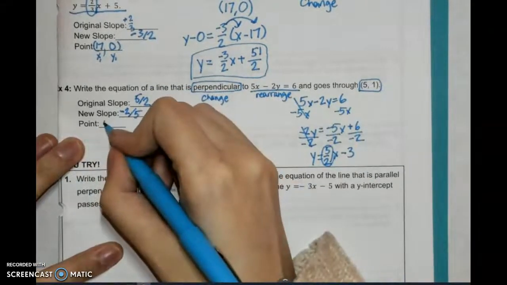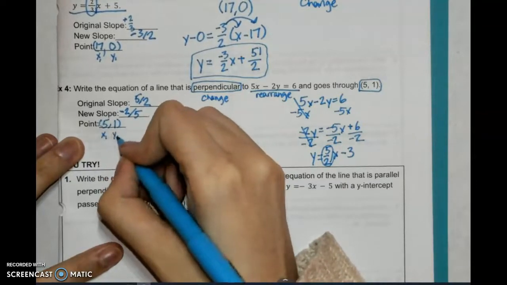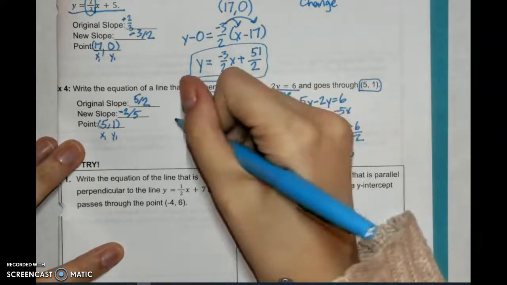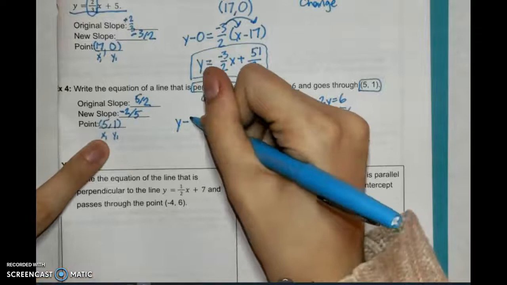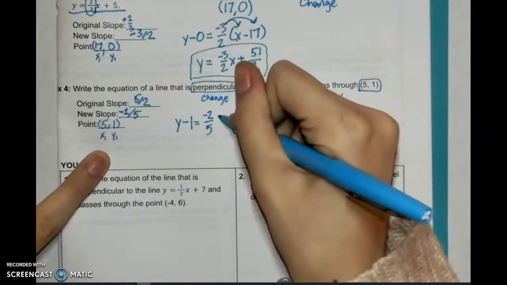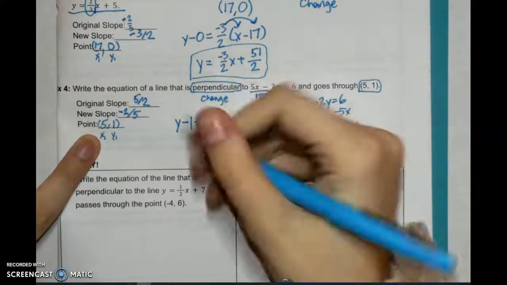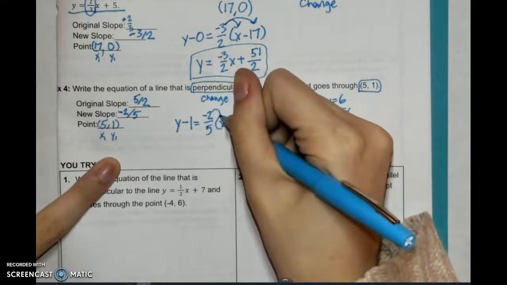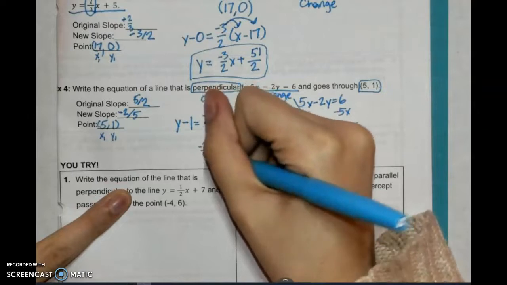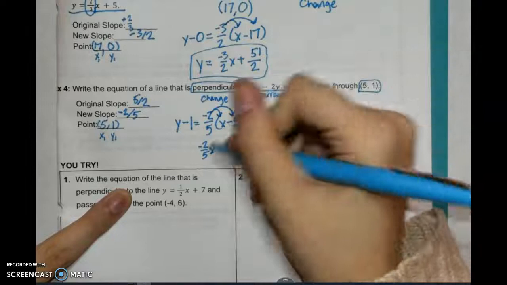And then our point, it does say it is 5, 1. That's our x1, y1. Then we just plug it in. Y minus y1 equals m times x minus x1. So negative 2 divided by 5 times x, negative 2/5 x, negative 2 times a negative 5.